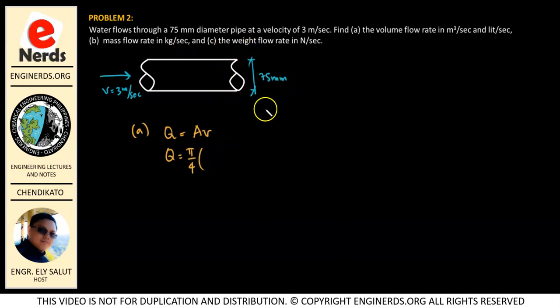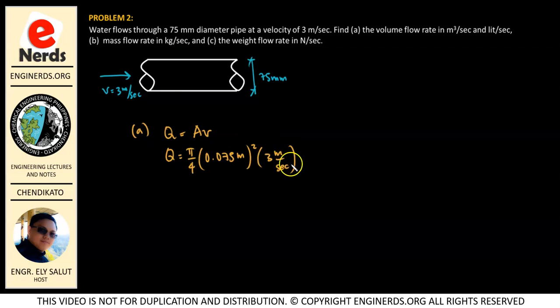75 millimeters. So, now we are going to convert it directly to meters para hindi na tayo mahirapan sa conversion natin. So, 75 millimeter is equal to 0.075 meters. Then we're going to square that and we will multiply that to our velocity here, which is 3 meters per second.